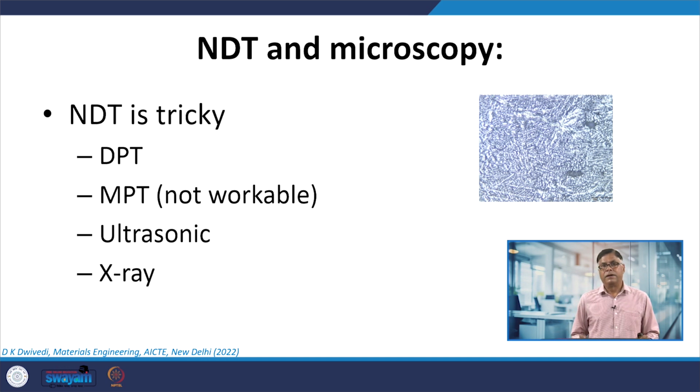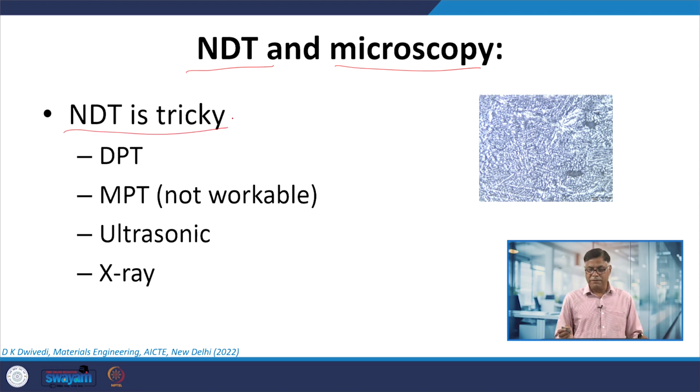Now, for the investigation purpose, we have to check really how sound the casting is, or if there are any issues or not. For that there are certain things we can do, like NDT, or we can do the macro or microscopy. NDT is tricky, especially in aluminum, because aluminum being a non-magnetic material, we cannot apply the magnetic particle testing.